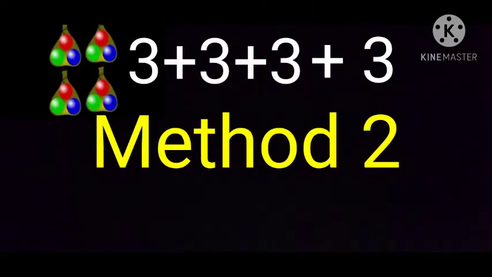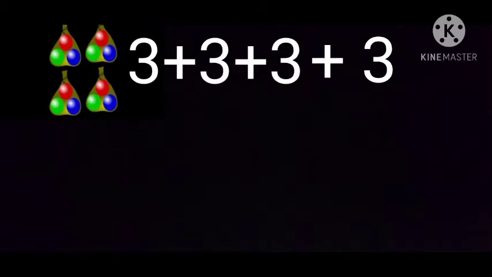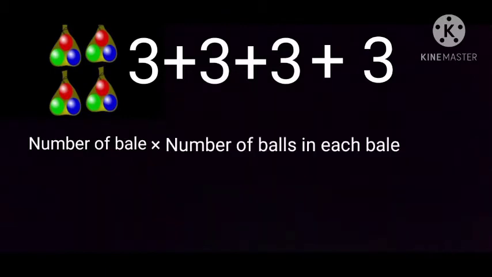In method 2, we would be multiplying the numbers. Let's see how. Each bale has 3 balls in it. So here we need to multiply the number of bales with the number of balls in each bale. So there are 12 balls in all.